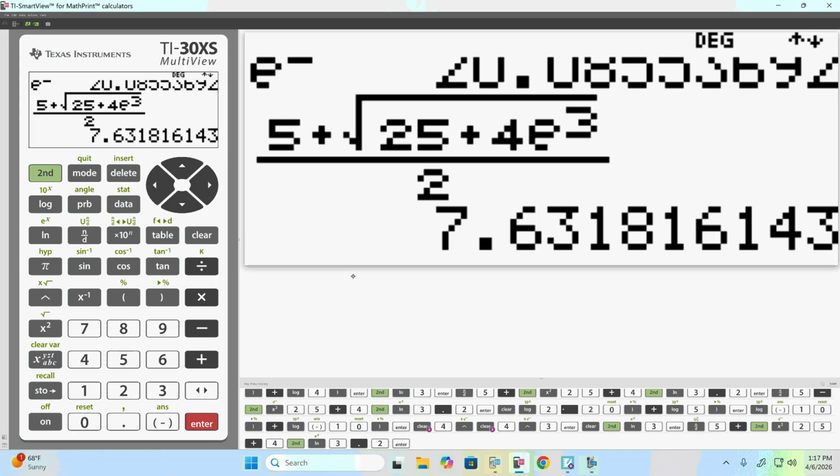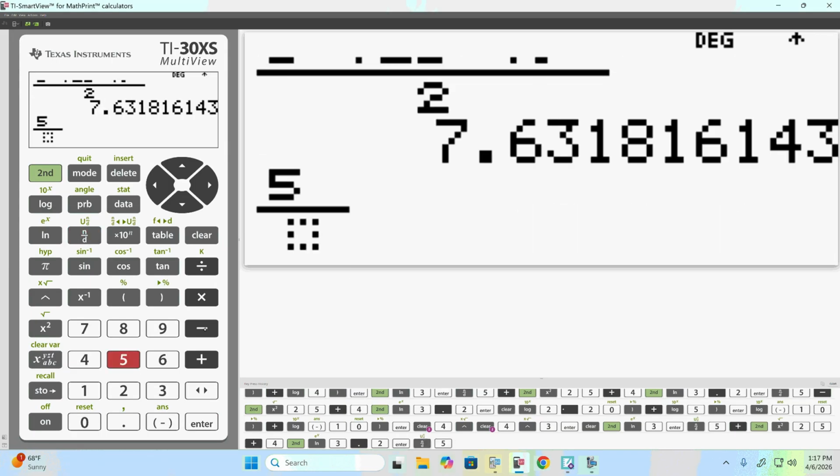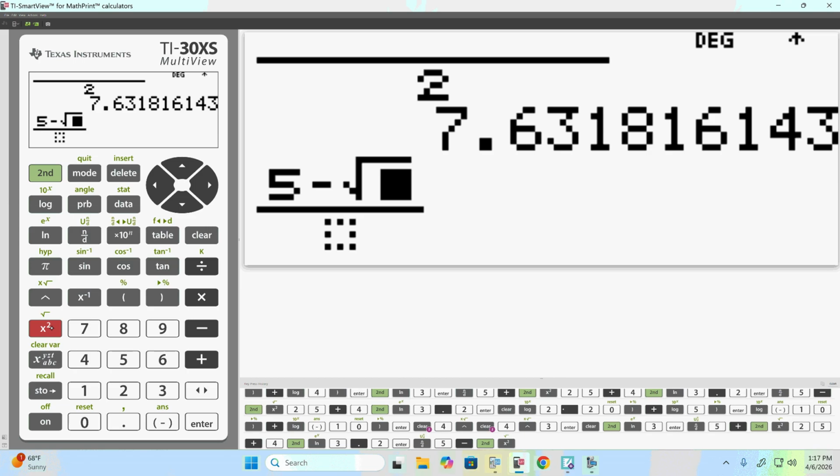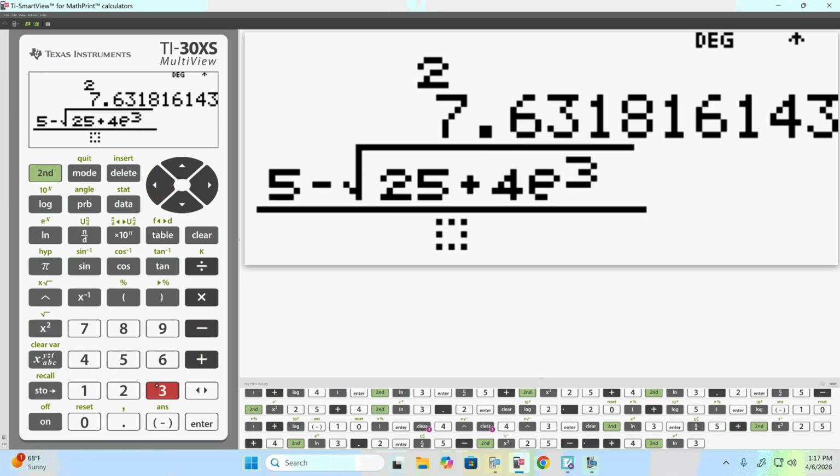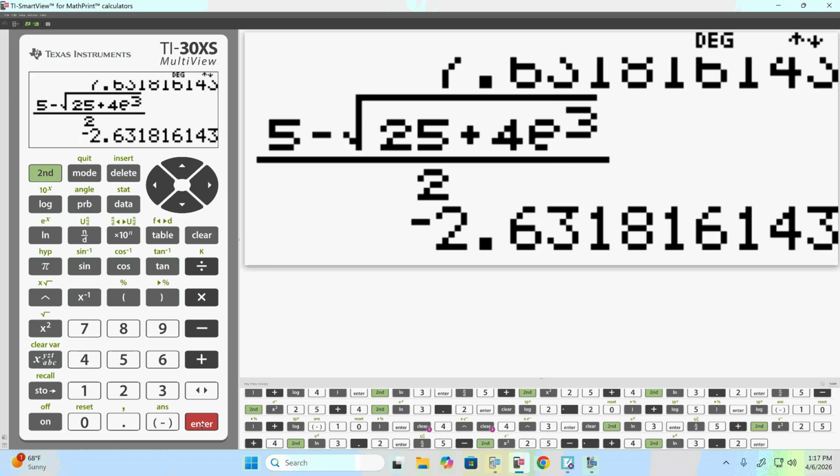Now we can do this again. 5 minus, this time, the square root of 25 plus 4e cubed, all over 2, gives negative 2.632.